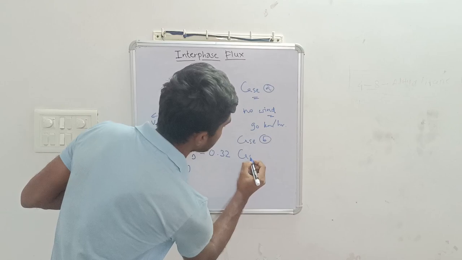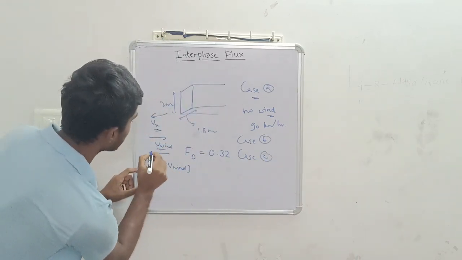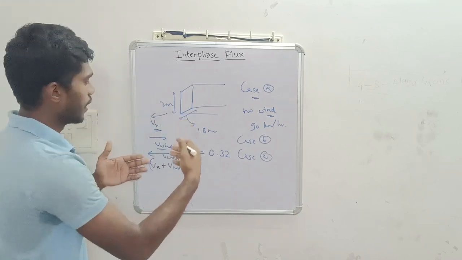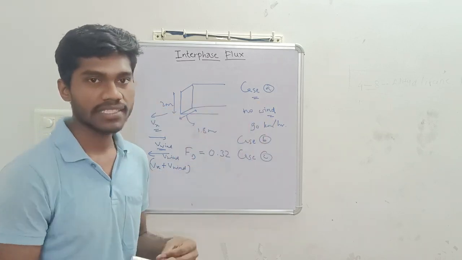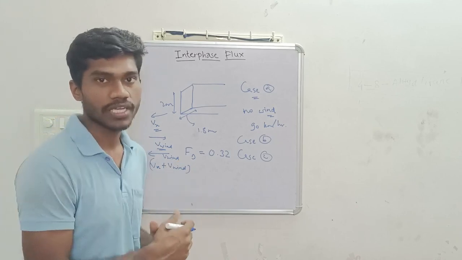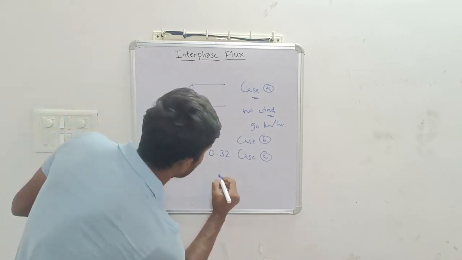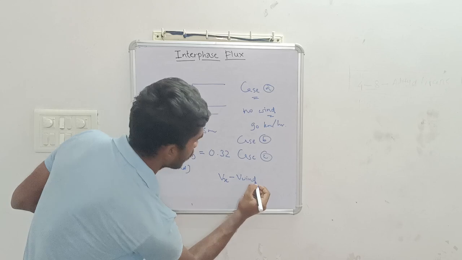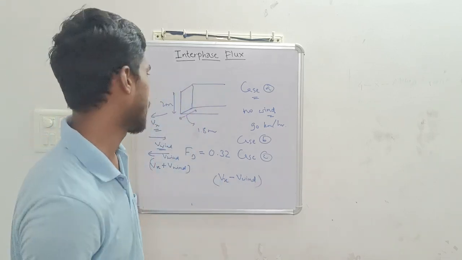And in case C, wind is flowing with the direction of the car. So it will reduce drag, because drag is generated by air. If air is moving in a similar direction, it will reduce the drag. So the effective wind speed will be Vx minus V wind. Now let's move on to the solution part.